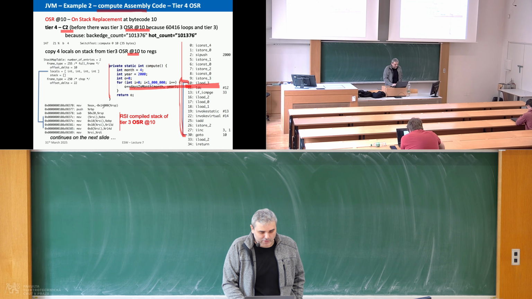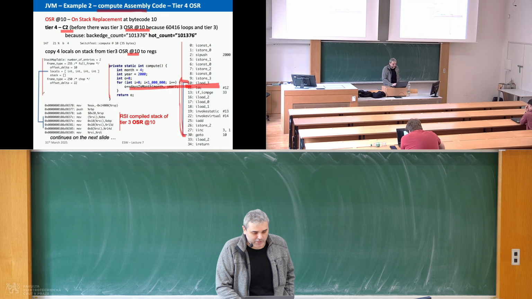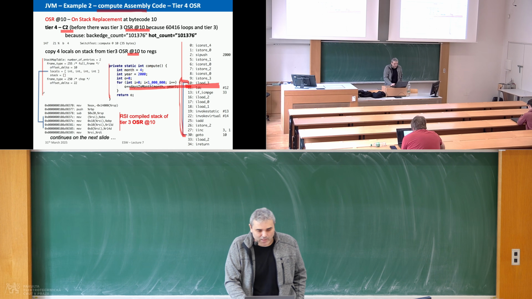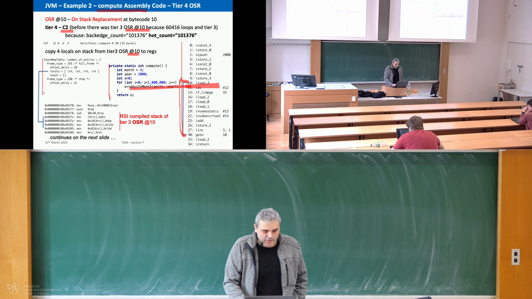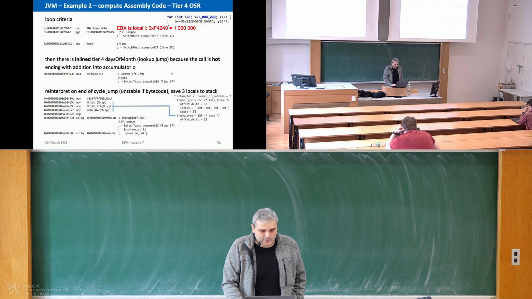First, the mapping of arguments using this stack map table is used into proper registers which are used in our C2 code, and then there is this C2 code inserted.